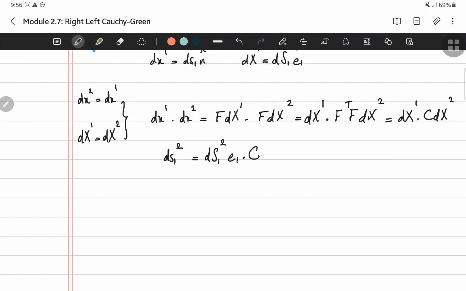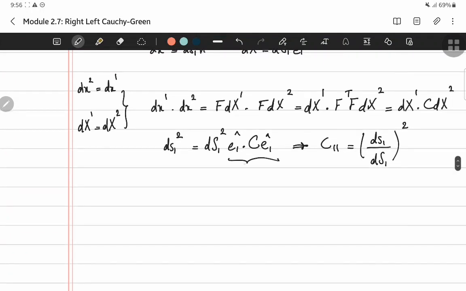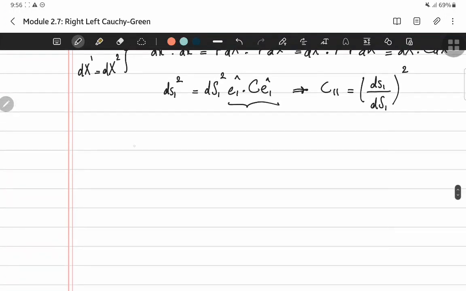is equal to, I have here d capital S1 squared E1 dot C E1. Therefore, I can write C11 equals E1 dot C E1. This is C11. So this one is basically d small s1 squared divided by d capital S1 squared, or you can write this as d small s1 over d capital S1, whole squared. And we already discussed why this one is C11: because you have E1, the rest are 0.